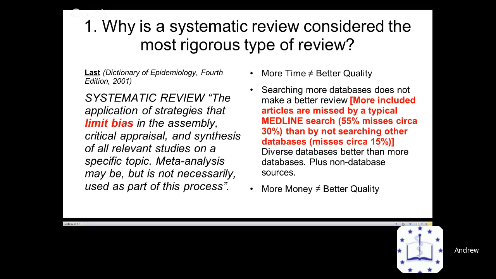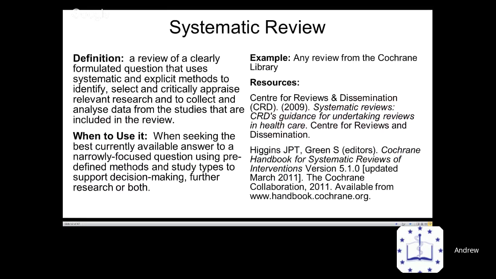And this has been shown across a large number of topics. So typically, 85% of studies for a systematic review can be identified in health from Medline, and so doing a search that retrieves that 85% is more important than doing additional databases to find the remaining 15%.